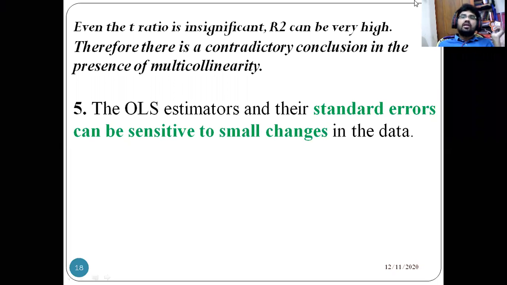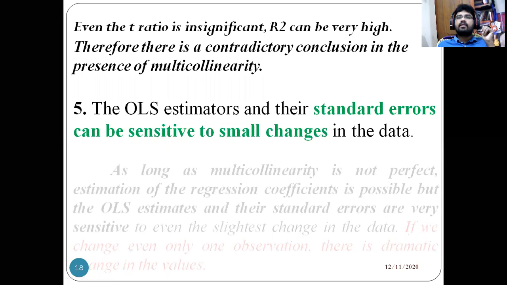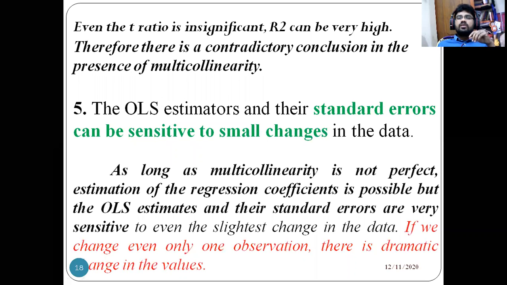The fifth one: the OLS estimators and their standard errors can be sensitive to small changes in the data. As you know, the ordinary least squares estimators and their standard errors can be sensitive to small changes in the data. As long as the multicollinearity is not perfect, estimation of regression coefficients is possible, but the OLS estimates and the standard errors are very sensitive.